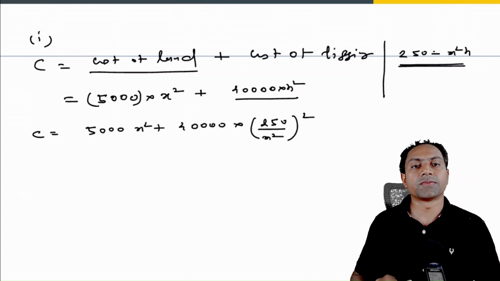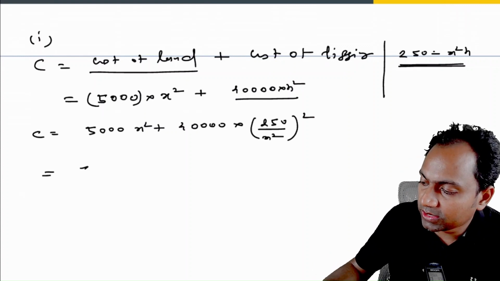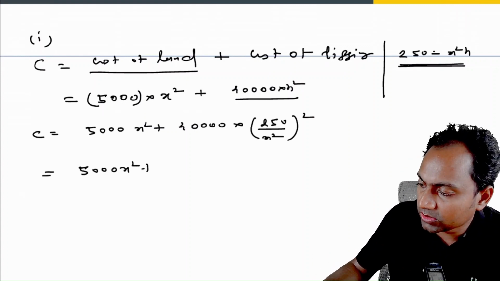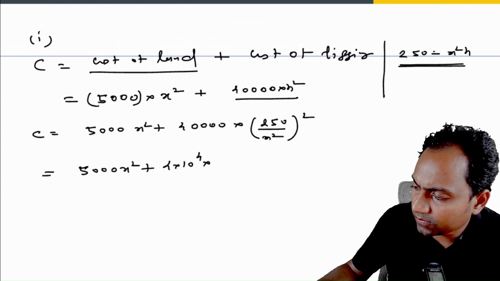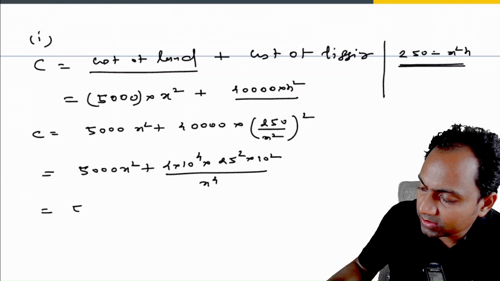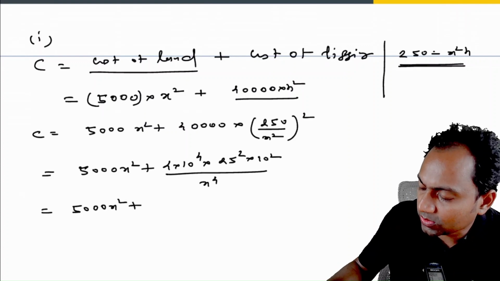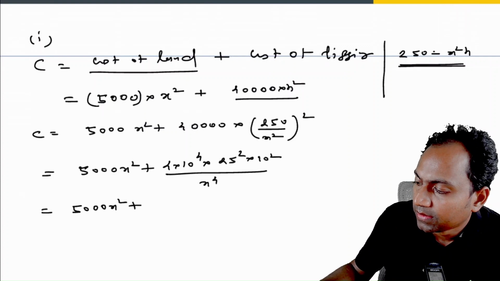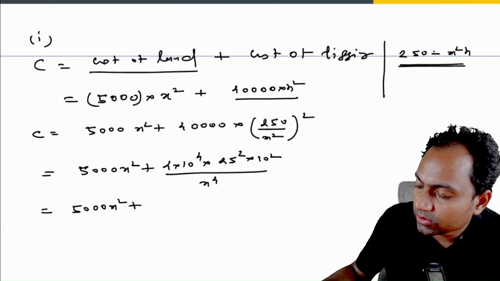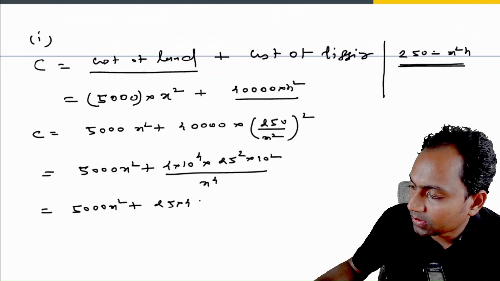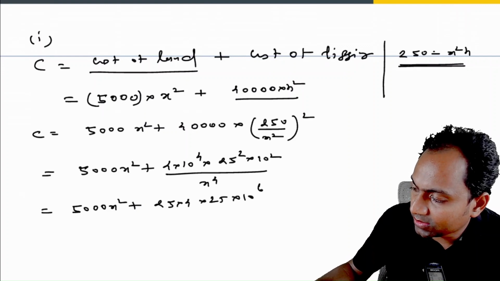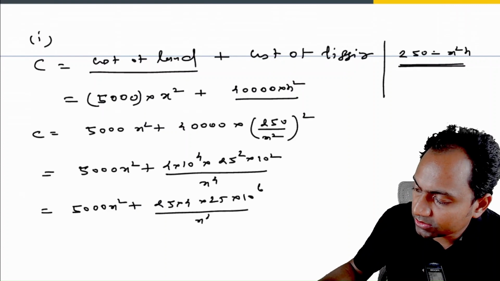So if I simplify this, I should get a function in terms of x that comes out to be 5,000 x square plus 4 into 10 raised to the power 4 into 25 square into 10 square by x raised to the power 4. And if I simplify it further, it is 5,000 x square plus, we can write this 25 as nothing but 25 into 4 into 25, and then we have 10 raised to the power 6 by x raised to the power 4.